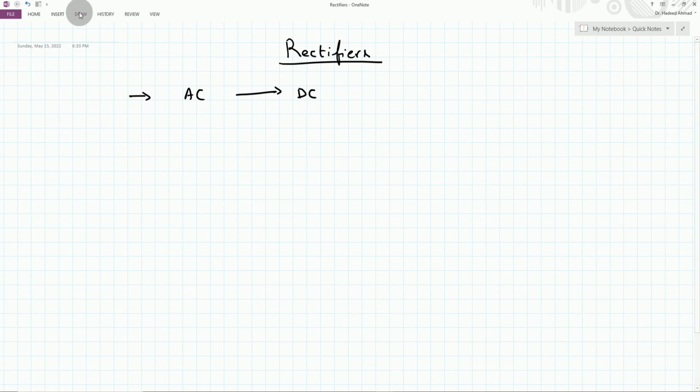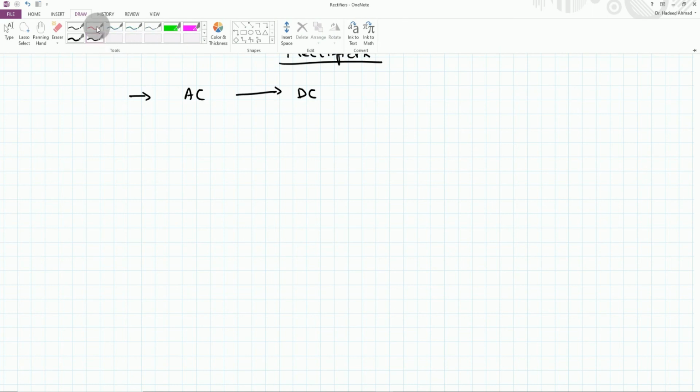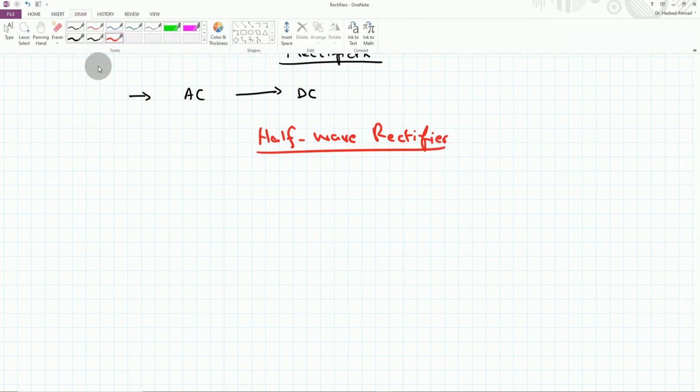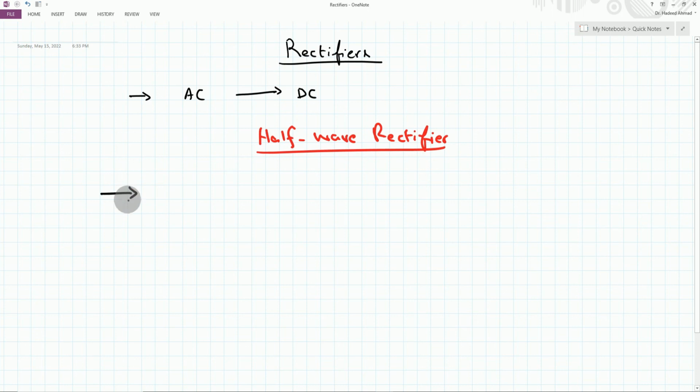The first rectifier that we will start with is the half wave rectifier. They are seldom used in most circuits because of their low efficiency, and all the other performance indices are also very poor.